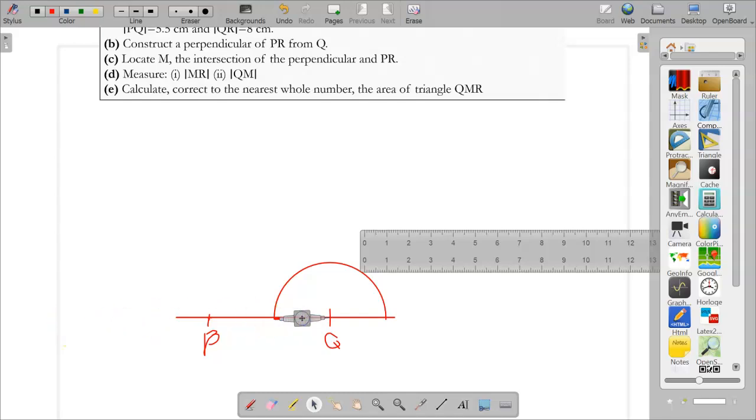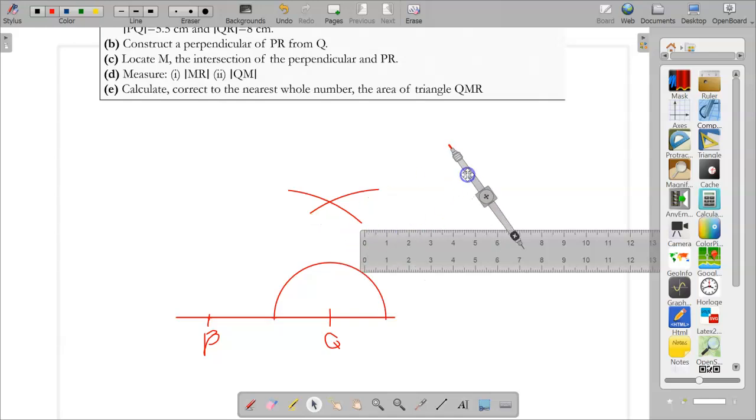Then again, I'll put the compass pin at the first point of intersection of the arc and the line PQ and open my compass to a convenient radius, and then draw an arc. With the same radius, I'll put the compass pin at the other side of the intersection and then draw another arc to intersect the first one, so I can have my second arc here.